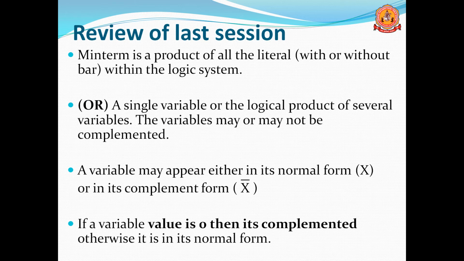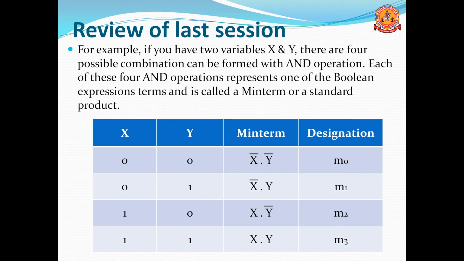Also, if a variable value is 0, then it is complemented. In case of min terms, if the variable value is 0, then it should be complemented, otherwise it is in normal form. That's about min terms. Here is an example. Whenever the variable value is 0, it is x dash. Variable value 0 means y dash, so x dash dot y dash.